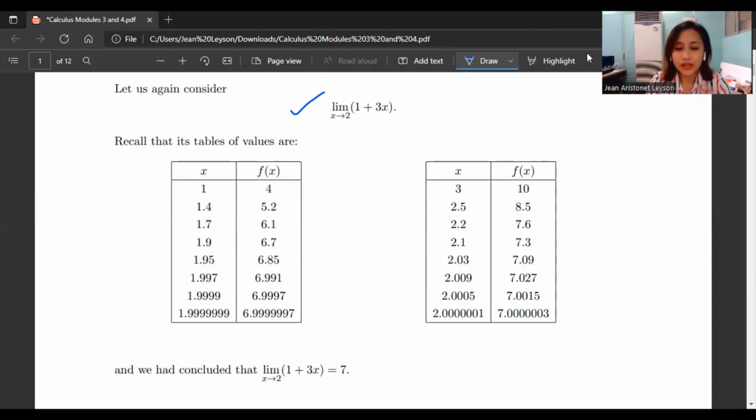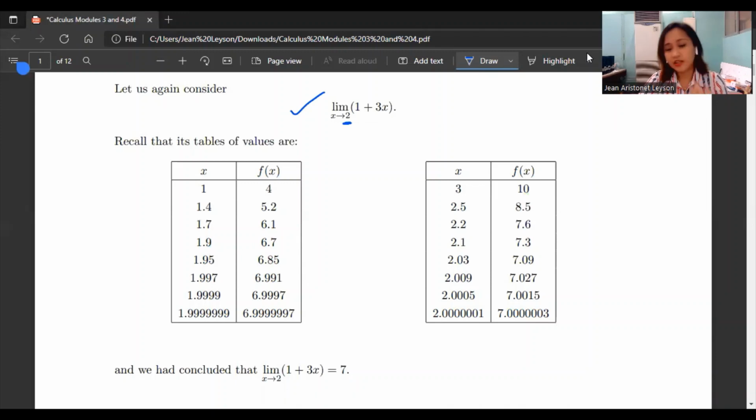We used values from the left and from the right, but we made sure that the values were not 2, but values very close to 2.